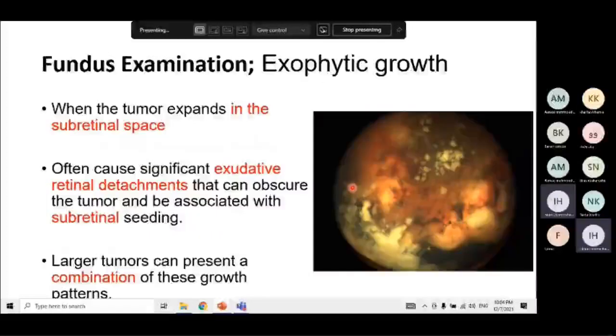Exophytic means it grows in the subretinal space, so there is a tendency of retinal detachment and subretinal fluid accumulation, and the tumor cells will literally float in this subretinal fluid and may give this focal tumor-like thing.